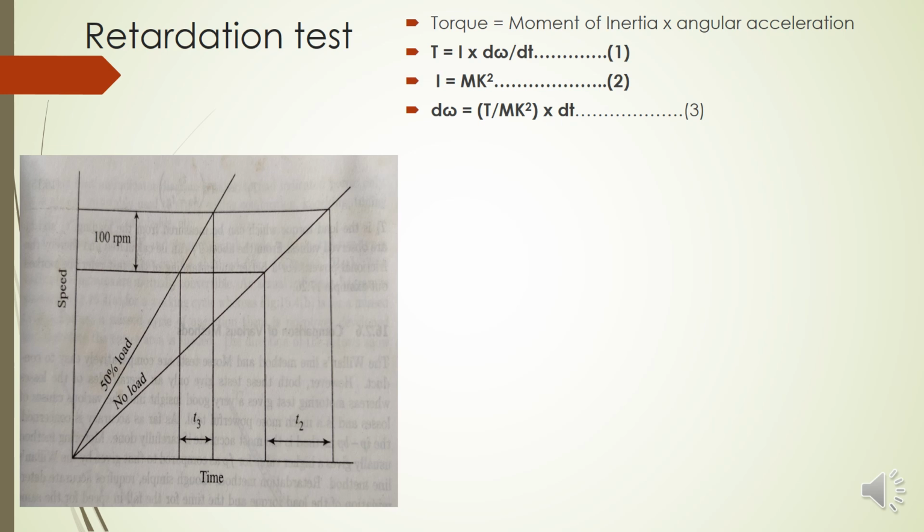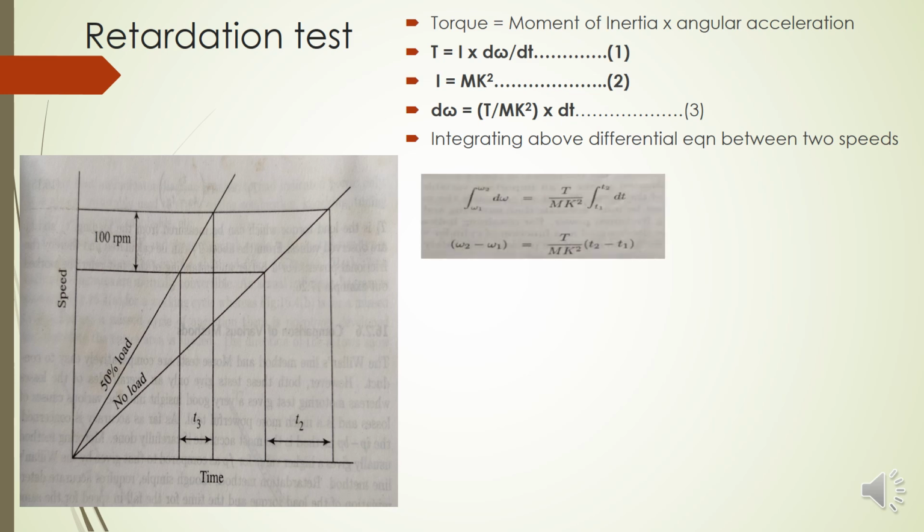Now you integrate. We are changing speed from omega 1 to omega 2 and we are getting two time levels. So integrating the above equation between any two speeds, we will get omega 2 minus omega 1 is equal to T by mk square into t2 minus t1.